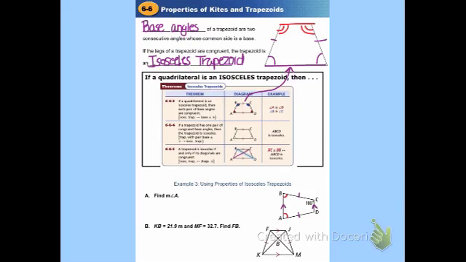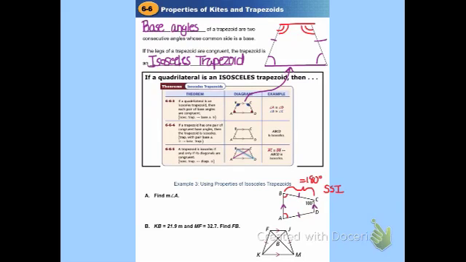Well, you may remember that because we have a pair of parallel sides, these two angles, C and B, are same side interior angles, and because the lines are parallel, these have to add up to 180 degrees. And so what that means is the measure of angle B has to be 80 degrees.